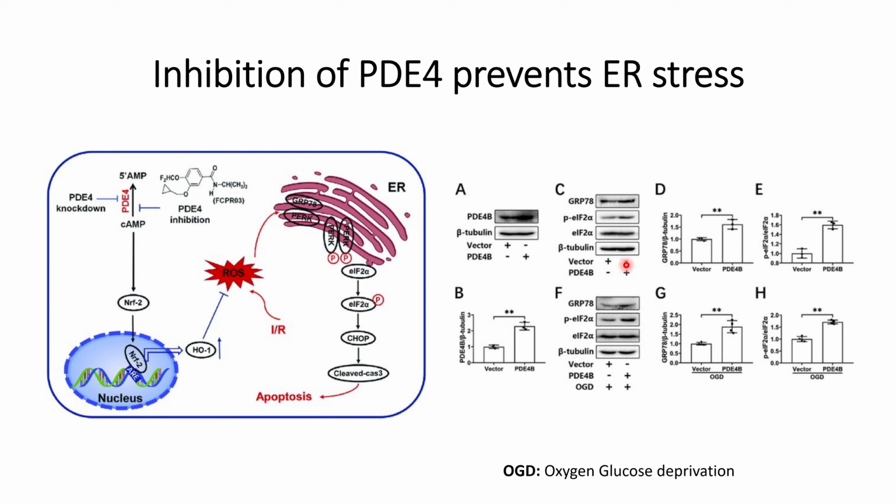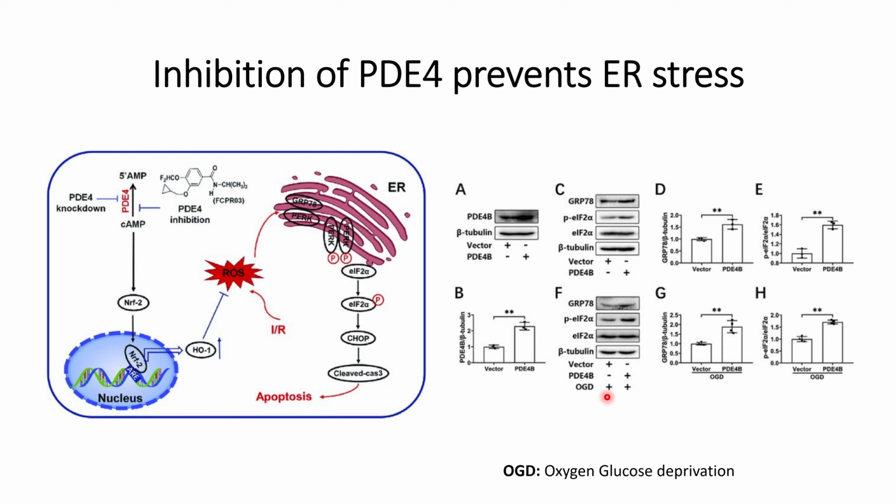In the next figure, they quantified whether this increase is significant. They identified an increase in the amount of GRP78 and also an increase in phosphorylated EIF2 alpha, as we can see in panels D and E.